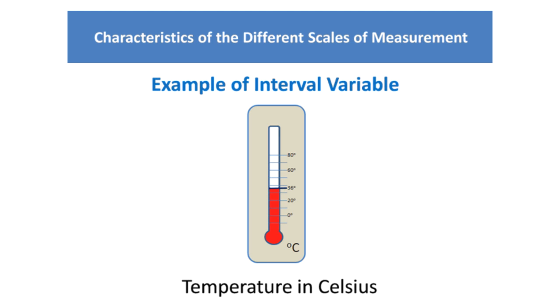For instance, when temperature is measured in Celsius, the 1 degree difference, say between 35 degrees and 36 degrees, is assumed to be the same as the 1 degree difference between 25 degrees and 26 degrees. However, 0 degrees in Celsius does not mean the absence of heat, since there are below freezing temperatures, such as 20 below. The same characteristics also hold true for temperatures measured in Fahrenheit.